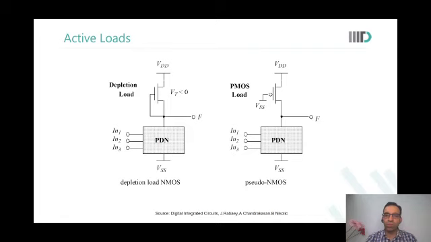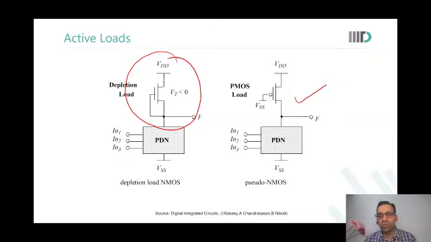These are the active loads, where in this case we have an NMOS only technology, and in this case a PMOS load. In our technologies we always have PMOS, so we may want to do it like this. But there are obvious challenges.